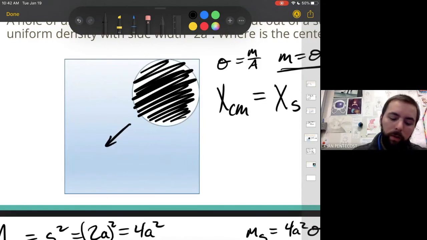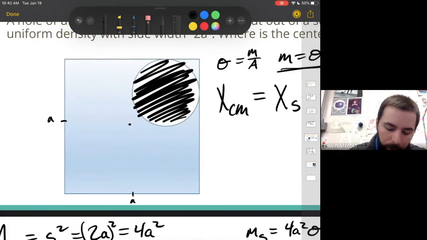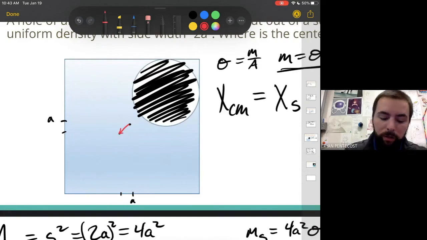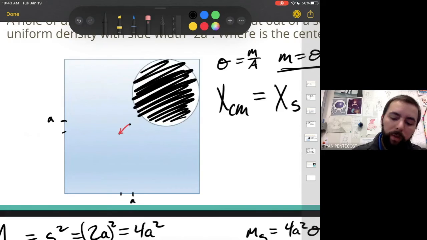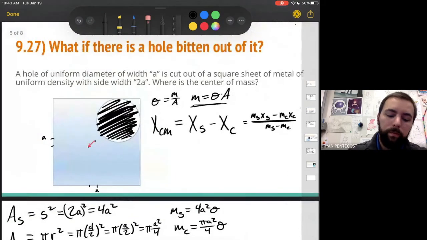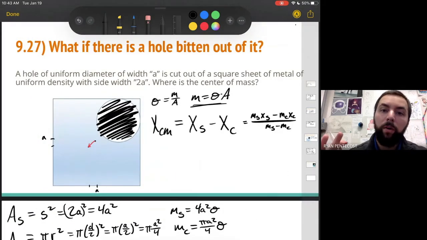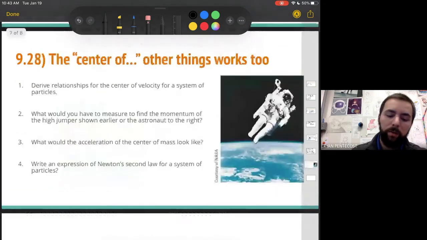So now that center of mass actually moves ever so slightly, because if this is A and A, then 0.88 A is going to be ever so slightly in this direction, right? So you can see that it actually moved down in that direction where more of the mass now is. So that's how we can find the center of mass of an object if now part of the mass is missing. You can actually subtract all of that information to find your answer.